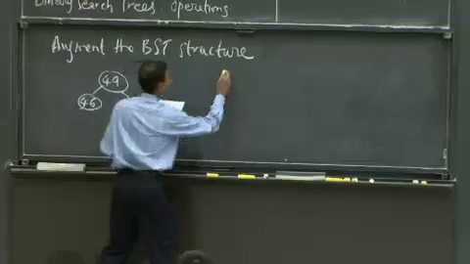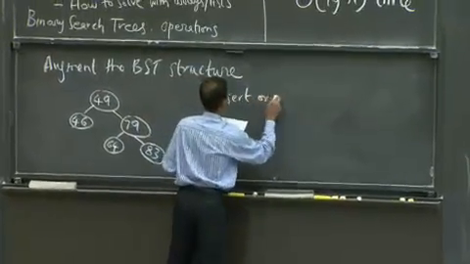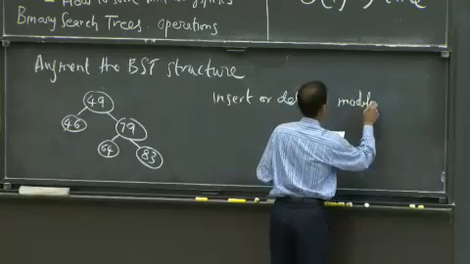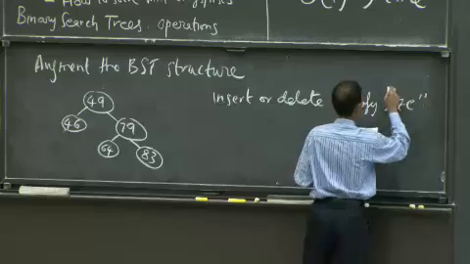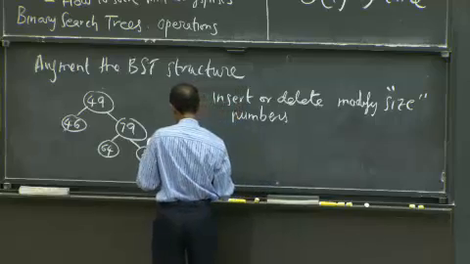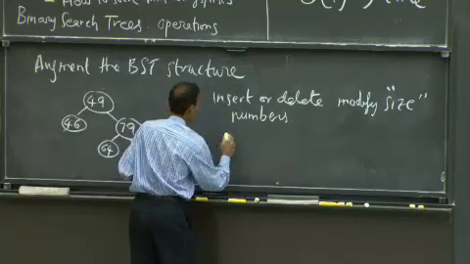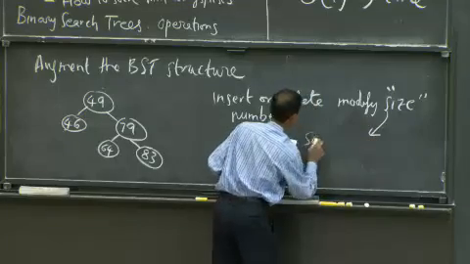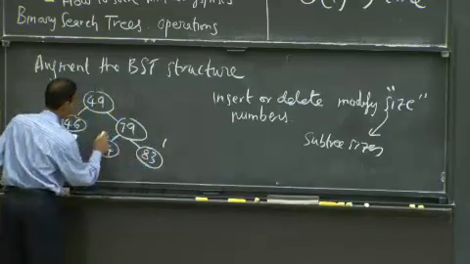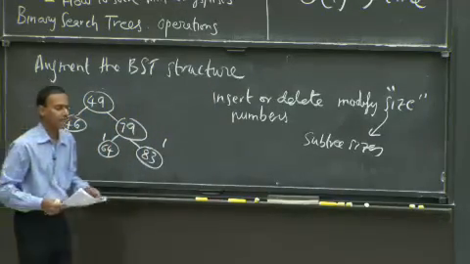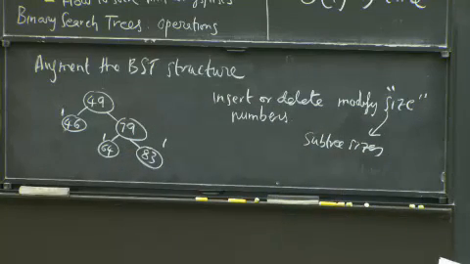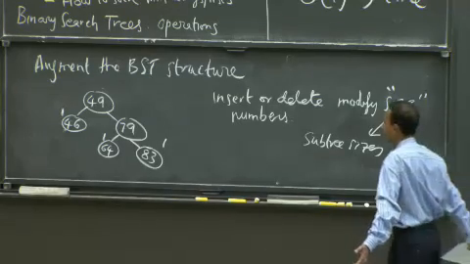In particular, when I do insert or delete, I'm going to be modifying these numbers. And these are size numbers. What do I mean by that? Well, these numbers correspond to subtree sizes. So the subtree size here is 1, 1, 1. As I'm building this tree up, I'm going to create an augmented BST structure, and I've modified insert and delete so they do some extra work.